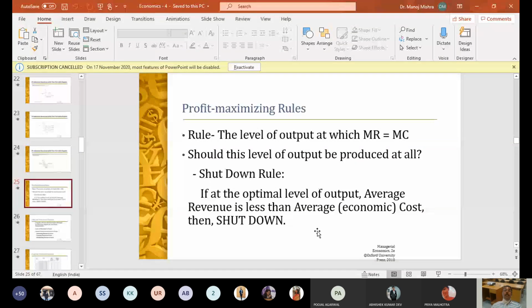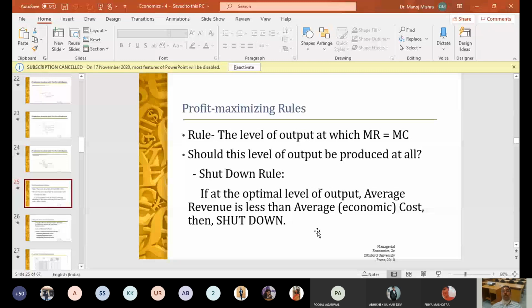Then we have the shutdown rule. If at the optimal level of output average revenue is less than the average cost, in that case, do not indulge in production, shut down your factory because you will be making a loss.